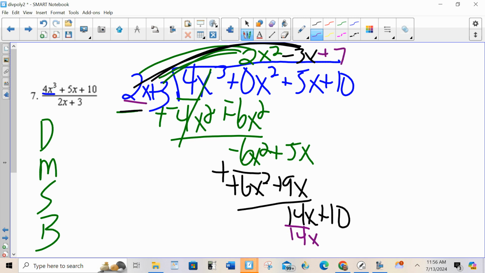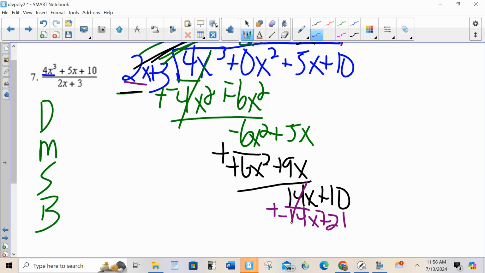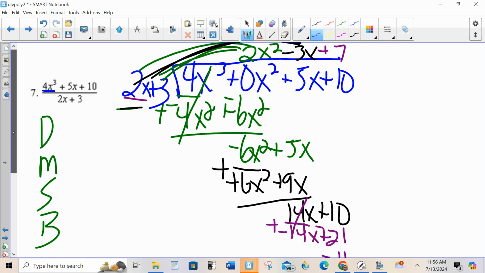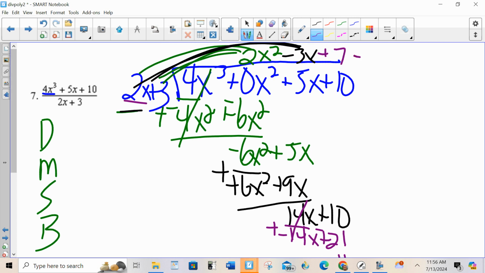Multiply. Subtract. Keep, change. That's negative 11. There is nothing left to bring down, so that's my remainder. And my remainder goes over my divisor.